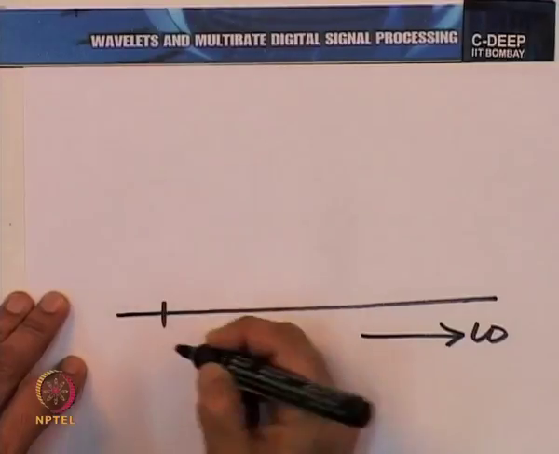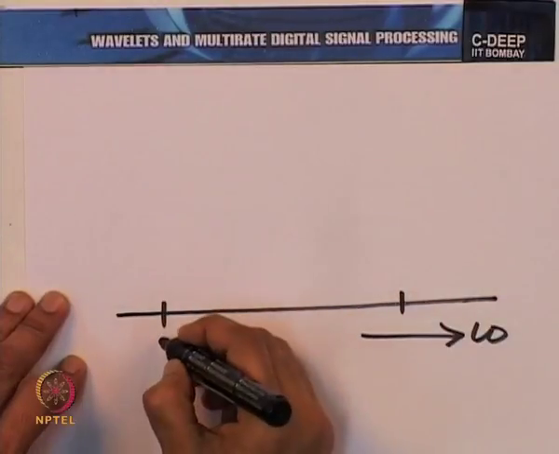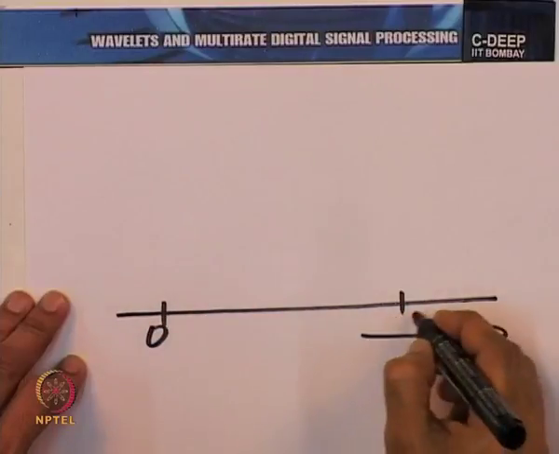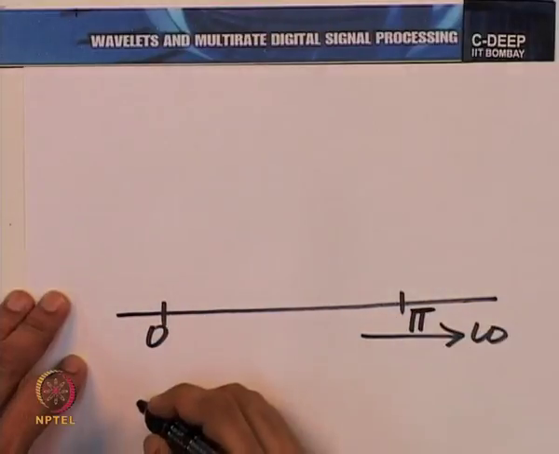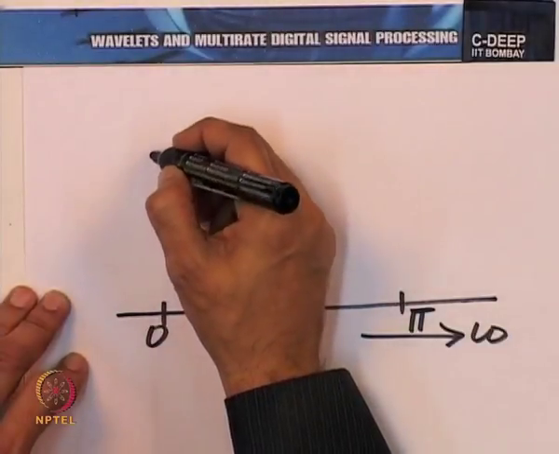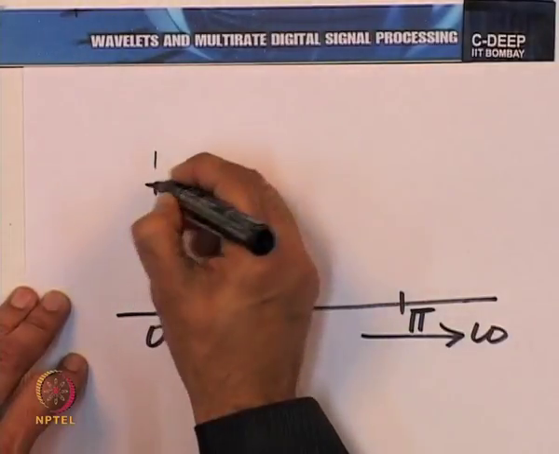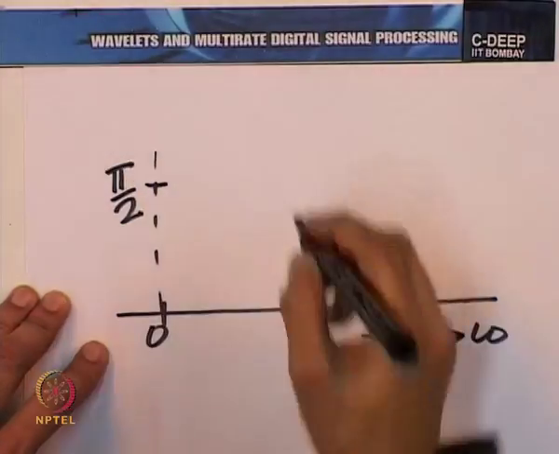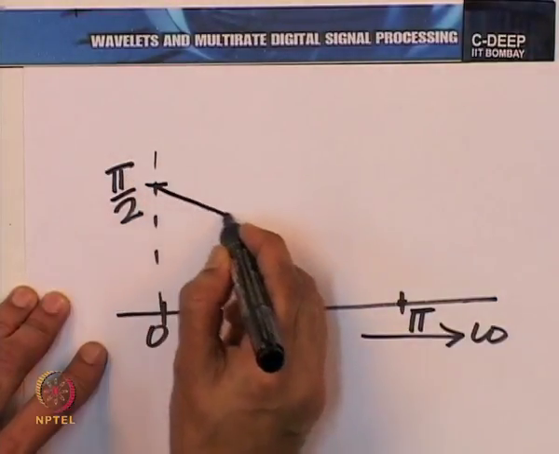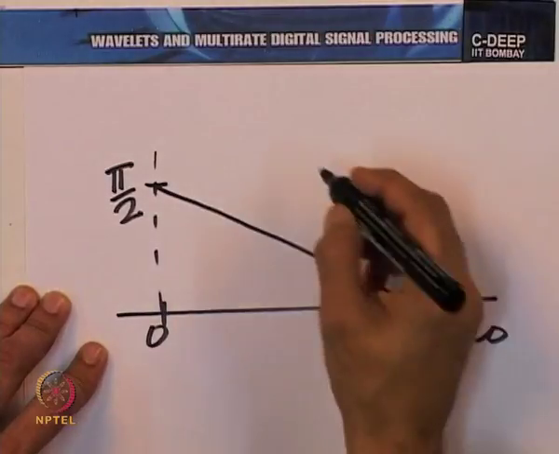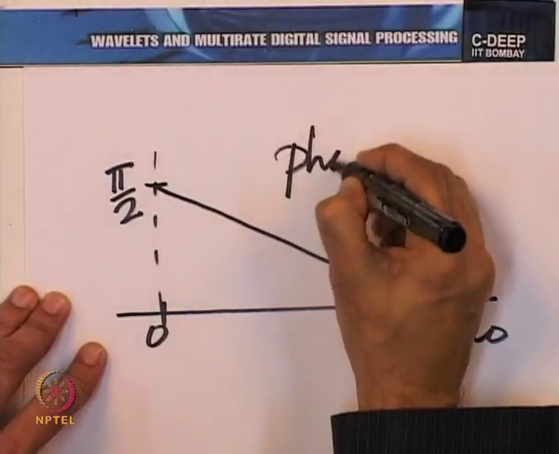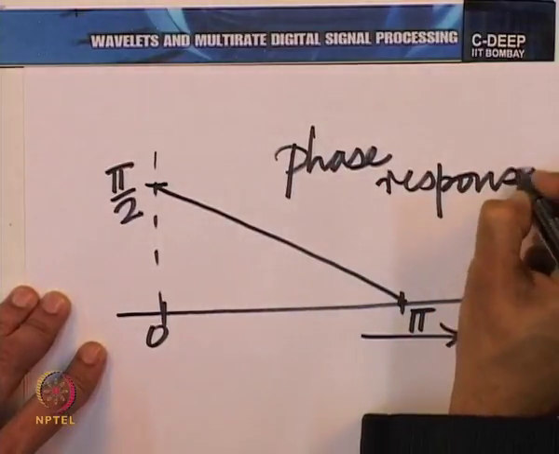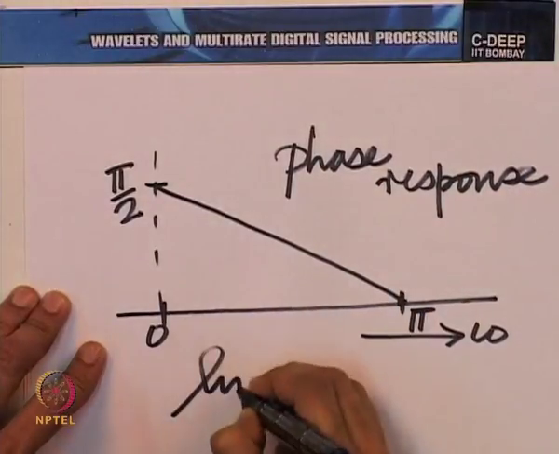So, of course, at omega equal to 0, it is going to be pi by 2. And at omega equal to pi, it is going to be 0. This is the situation. Now, once again we have linear phase.